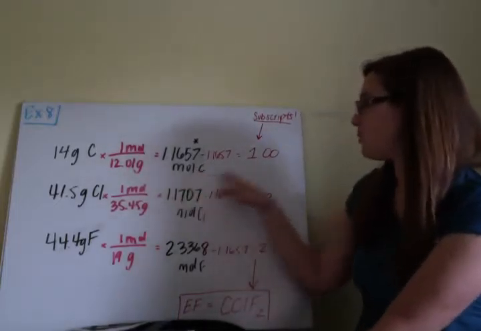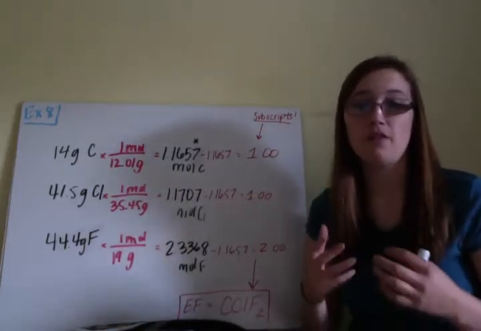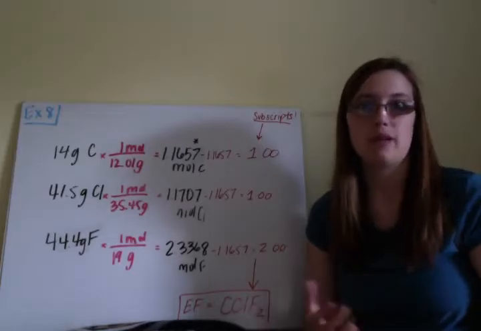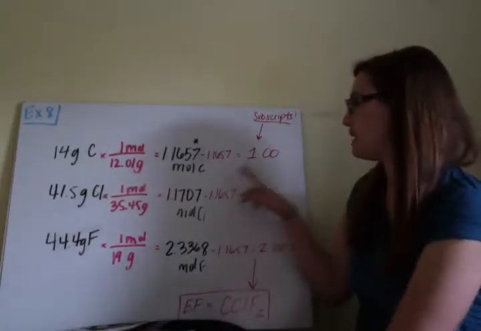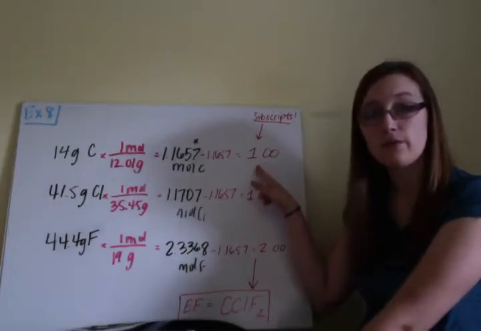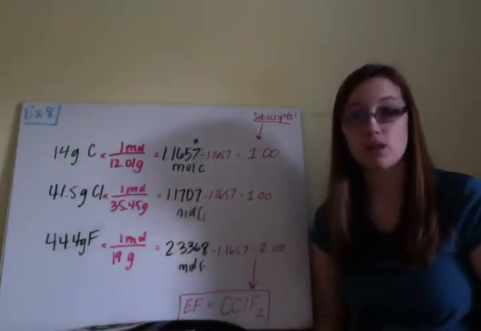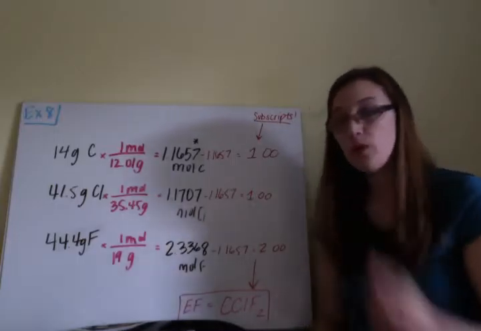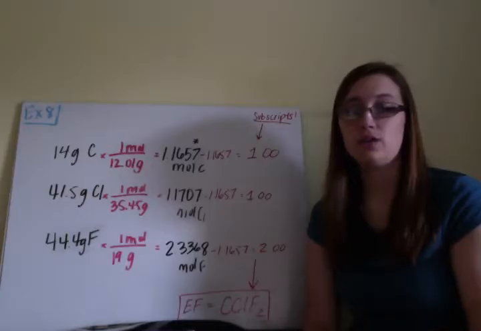And what I found was I get 1 for my ratio. You always should have one of your values that equals 1 because you're dividing by itself. So that's just kind of a check to make sure you're doing it correctly. So I get 1.00 for carbon, 1.00 for my ratio of carbon to chlorine, and I get 2.00 for my ratio of carbon to fluorine.